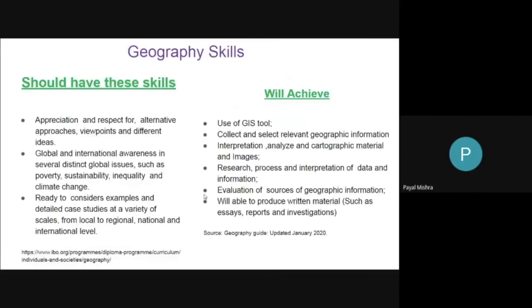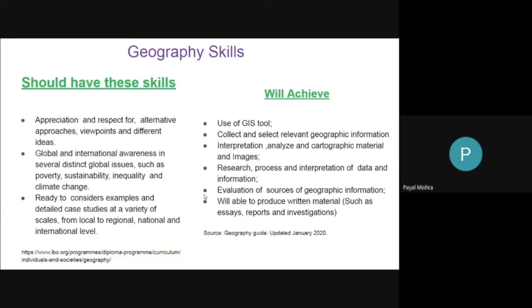Now, before talking about the geographical skills, who should adopt geography? Those who are in the habit of reading newspapers, listening or watching news like on CNN, Al Jazeera, BBC, and want to keep themselves updated on the latest happenings in the world.